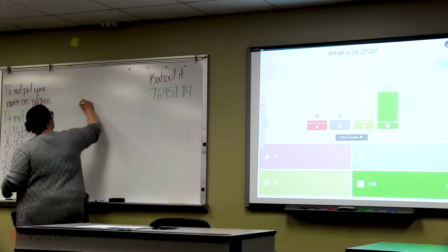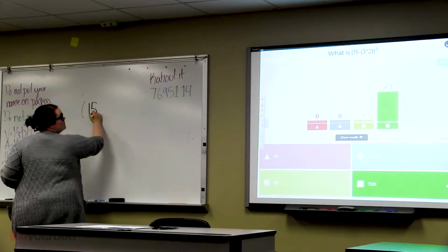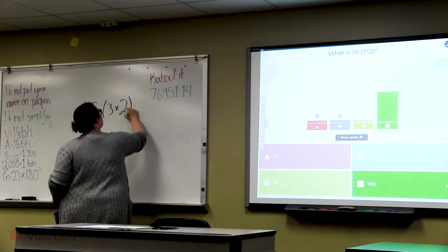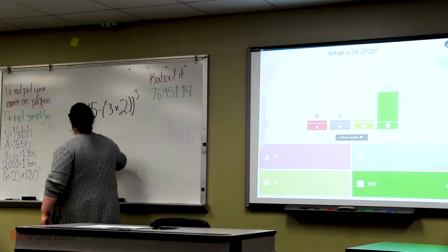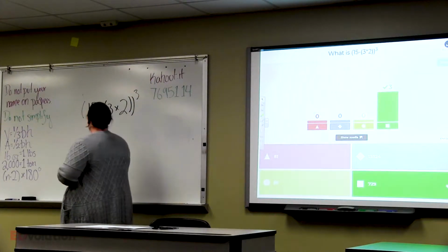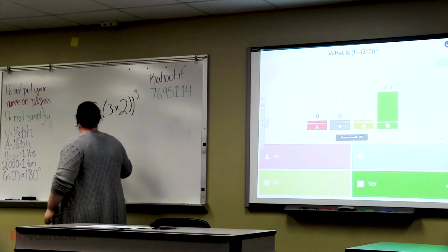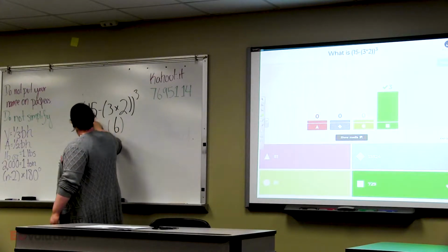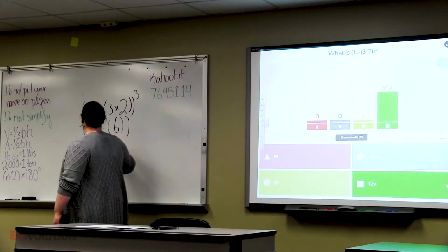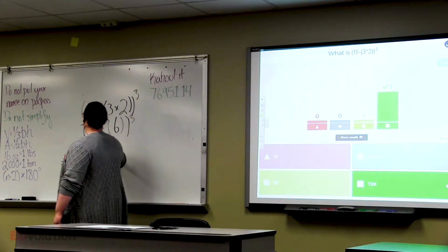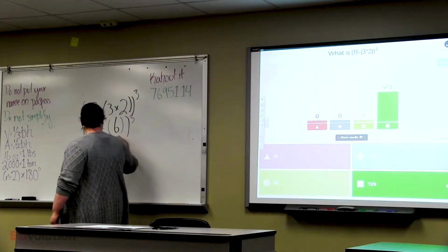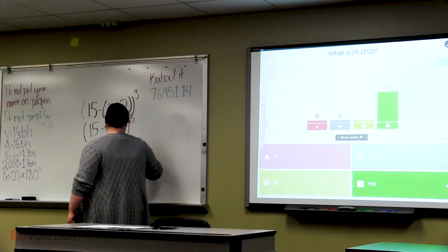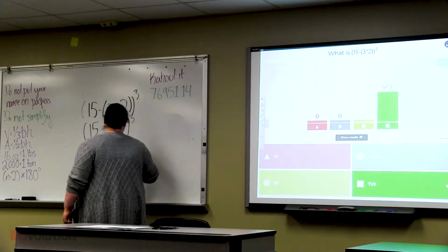We had 15 minus 3 times 2 cubed. With our order of operations, we would start with our innermost parentheses. That is 3 times 2, which is 6. Then we would move to our outer parentheses. 15 minus 6 is 9. And then 9 cubed is the same as 9 times 9 times 9, which would be 729.